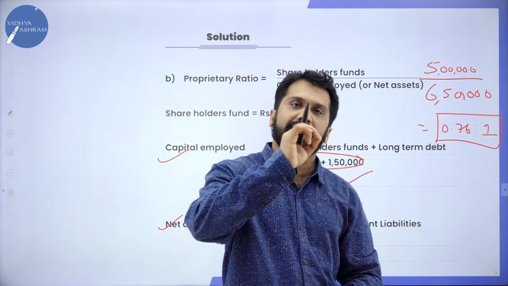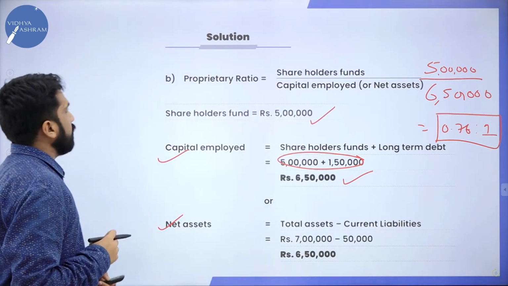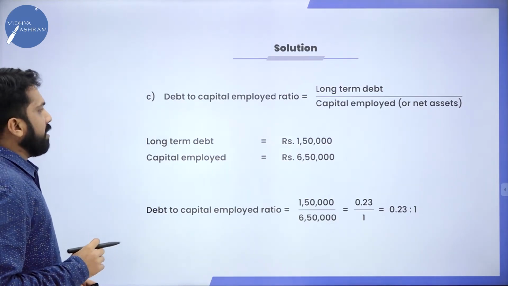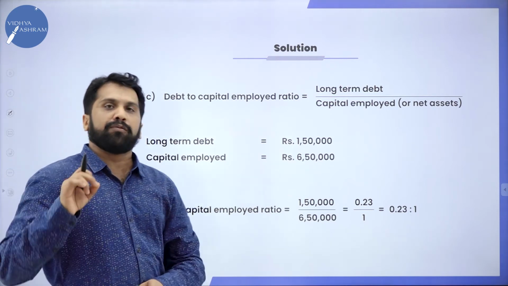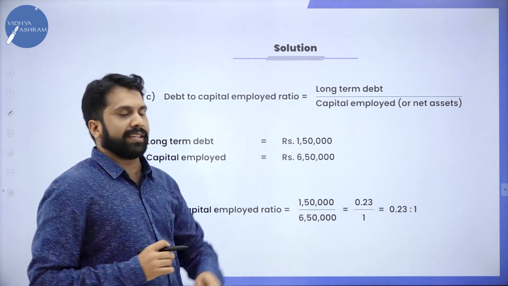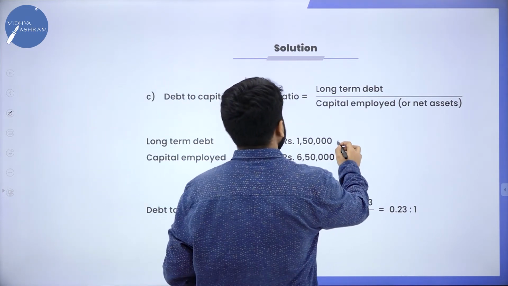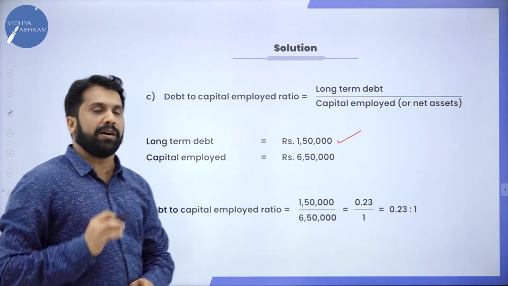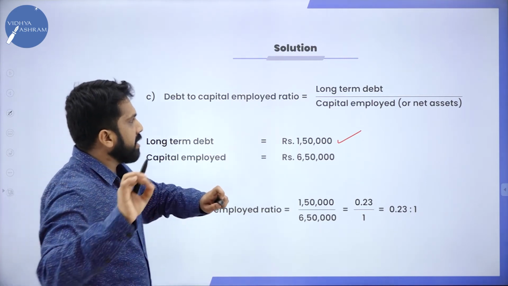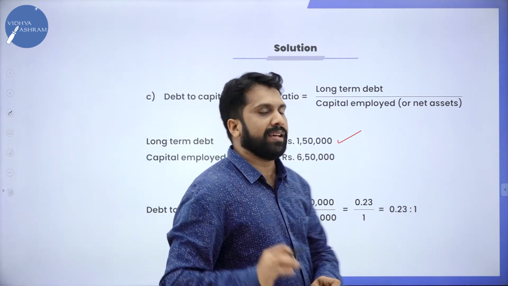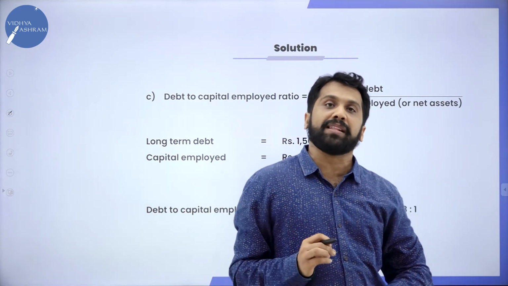Now we'll go for the last one. Debt to capital employed ratio. For this, how much is long-term debt? Same answer. Your long-term debt is 1,50,000. Now, what is it divided by? Denominator is capital employed. What is your capital employed?